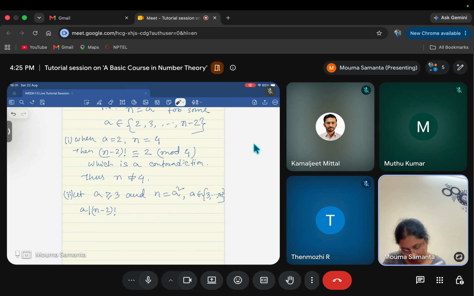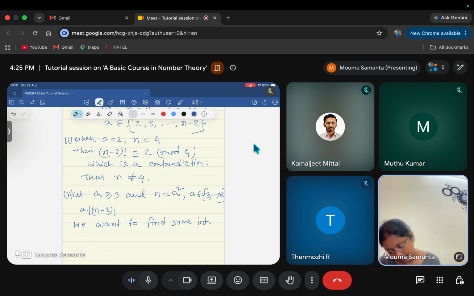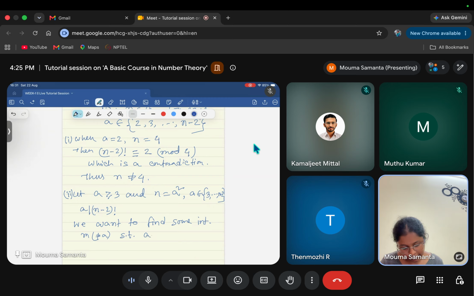That means we want to find some integer, let's say m, not equal to a, such that a times m divides n minus 2 factorial.